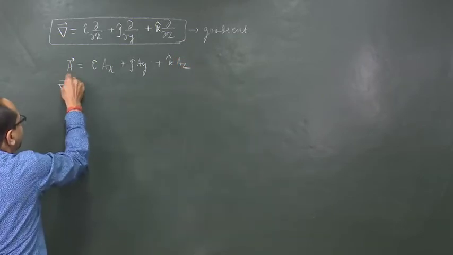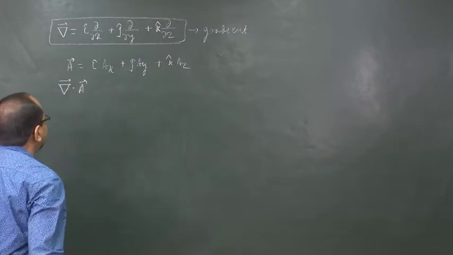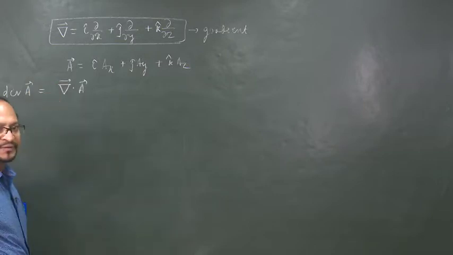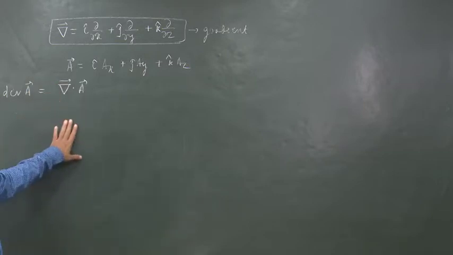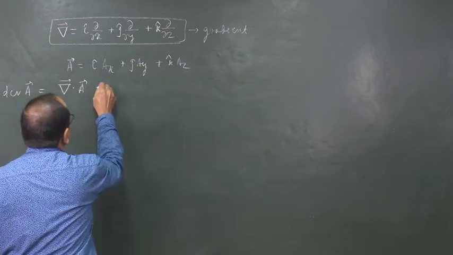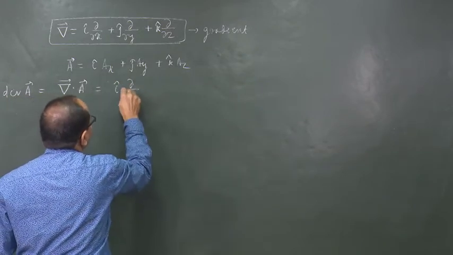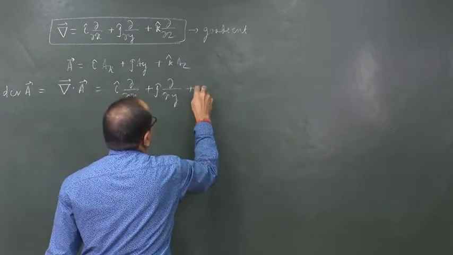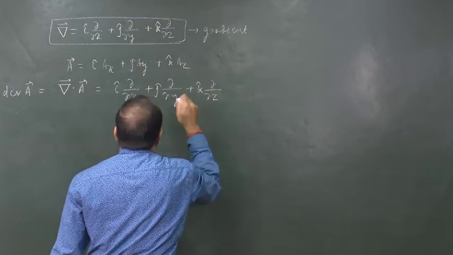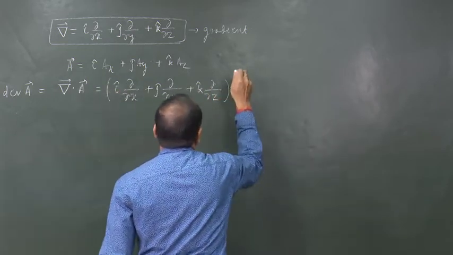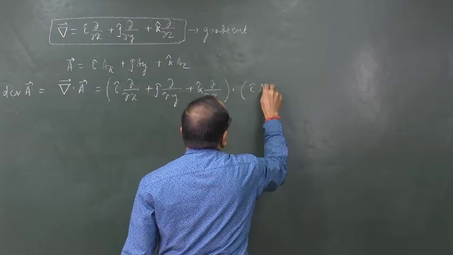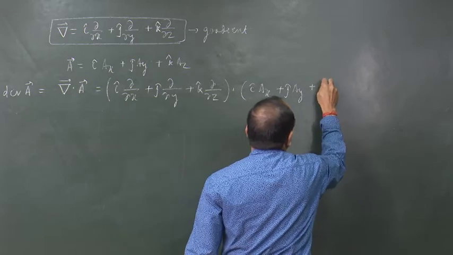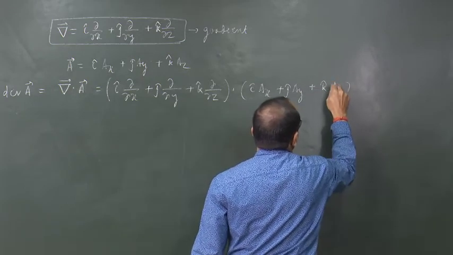Now, divergence of A, del dot A, div A, we call it divergence of A. Del dot A is equal to i cap del by del x plus j cap del by del y plus k cap del by del z, dot i cap Ax plus j cap Ay plus k cap Az.